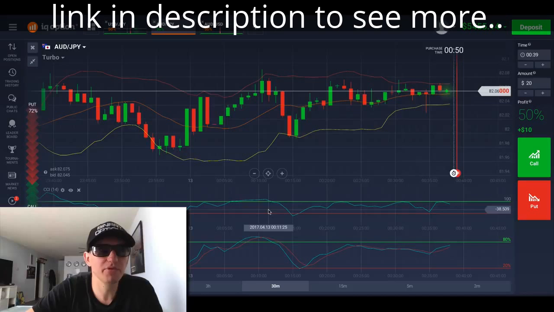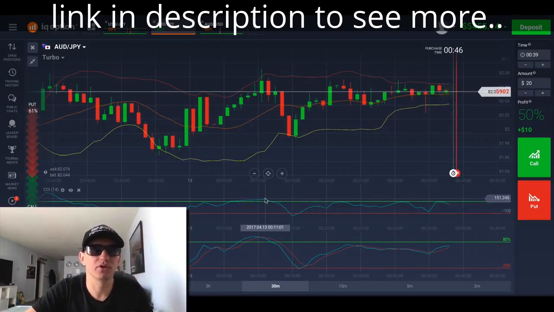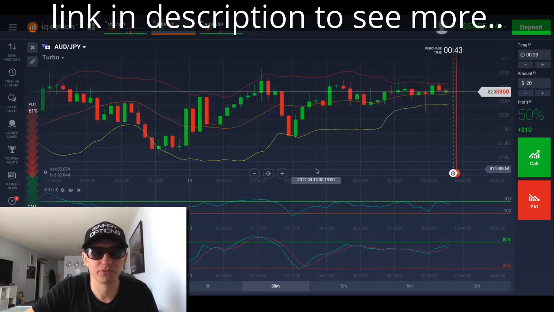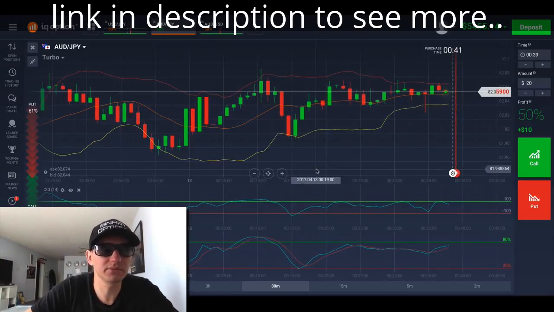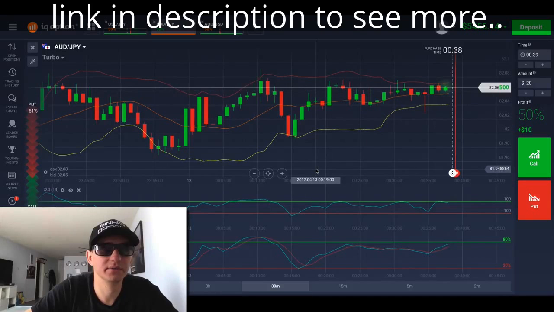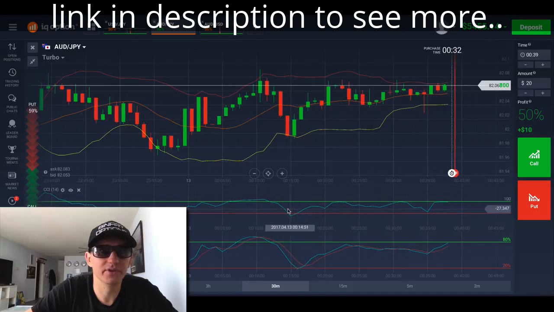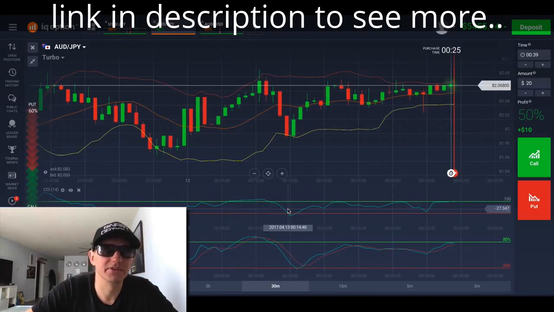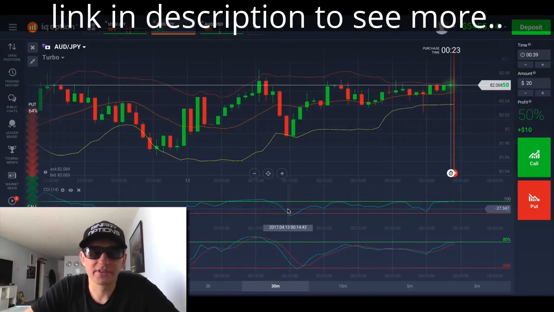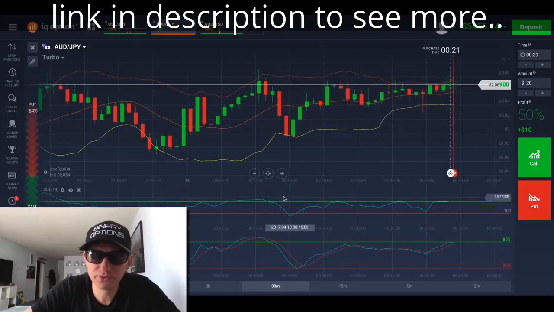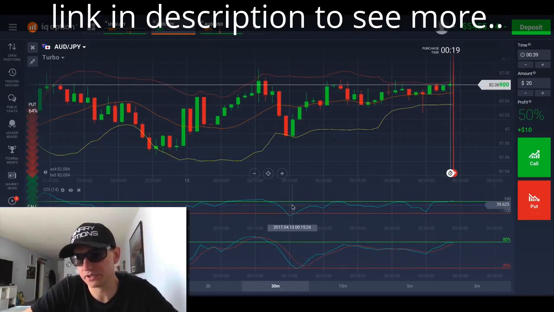So when the CCI moves above plus 100, it means that the price is trending strongly upwards, and whenever it drops below minus 100, a strong downtrend is in place at the moment. So the short trade is held until the CCI rallies back to the range between 100 and minus 100.